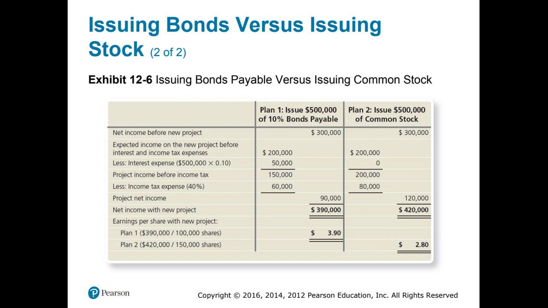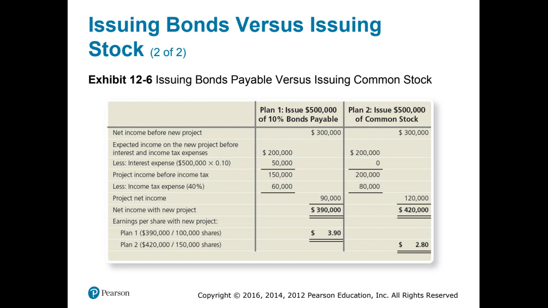Then we have to take out the income tax expense, which is at 40%. So 40% of 150 is 60. 40% of 200 is 80. So now our project net income for plan 1 is 90,000. Our project net income for plan 2 is 120,000.